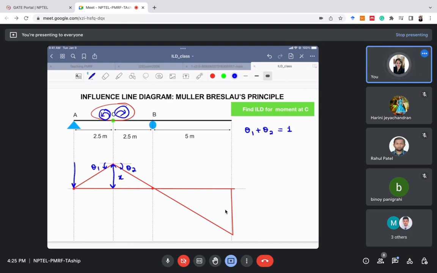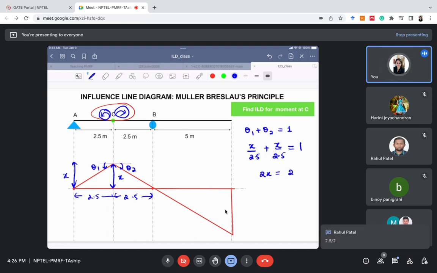The perpendicular is x and the base is 2.5, so it is x divided by 2.5. Theta 2 is also x divided by 2.5, and the sum should be equal to 1. So 2x equal to 2.5, and x equal to 1.25.